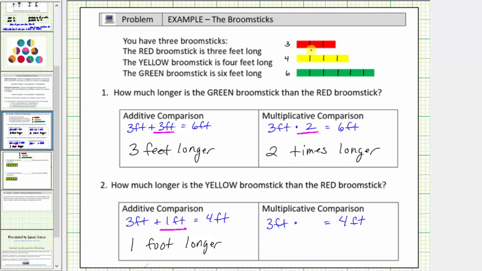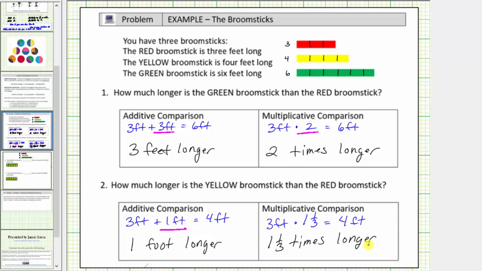Well, 1 copy of 3 would be 3, a third of a copy of 3 would be 1, and therefore there's 1 1/3 copies of 3 in 4, which means 3 feet times 1 1/3 is equal to 4 feet, and therefore the yellow broomstick is 1 1/3 times longer than the red broomstick.